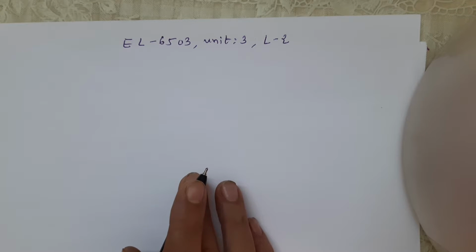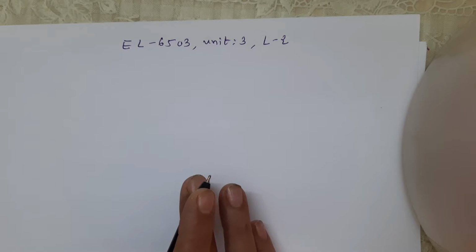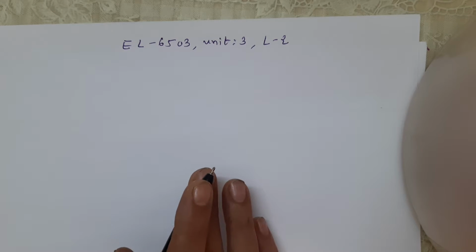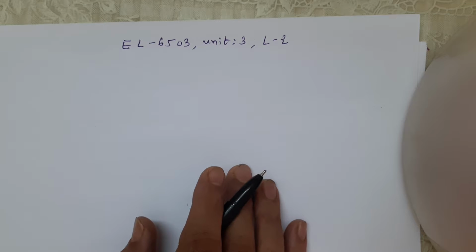Now we want the demodulation of the ASK signal. That means the information we translated from low frequency to high frequency gave us the ASK signal, and from this ASK signal we want to come back to the original message signal.